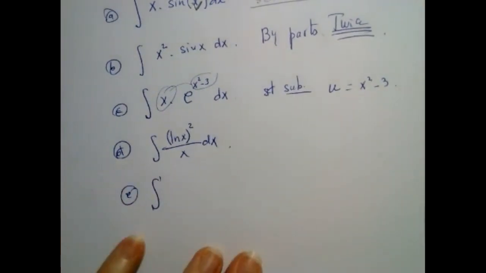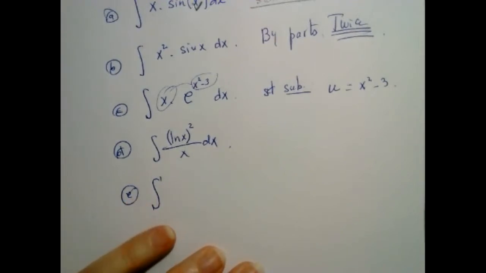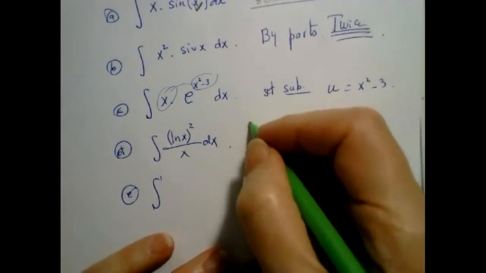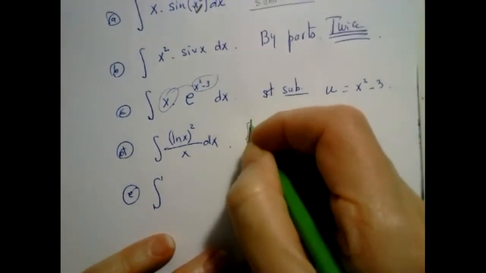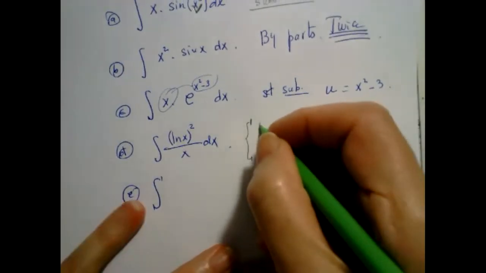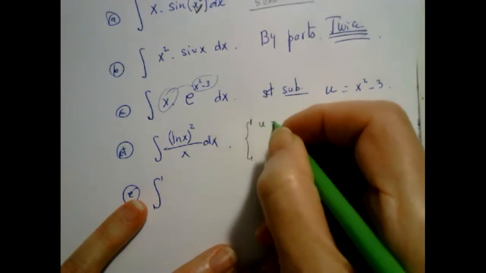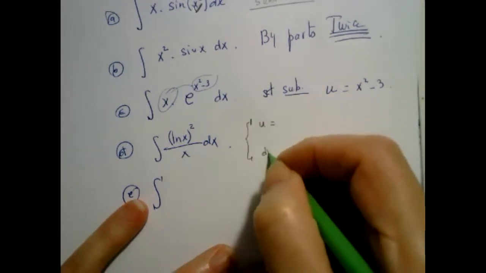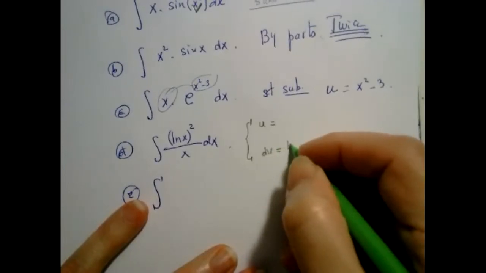D, by parts or substitution? Would that be parts? Parts. What are the parts? u would be x, and then dv is ln of x squared dx.